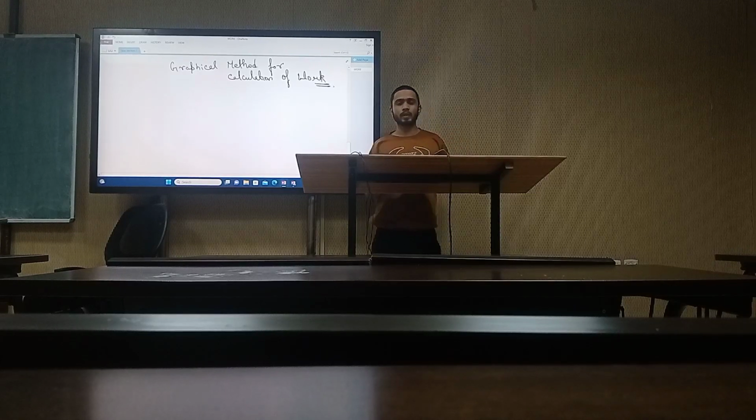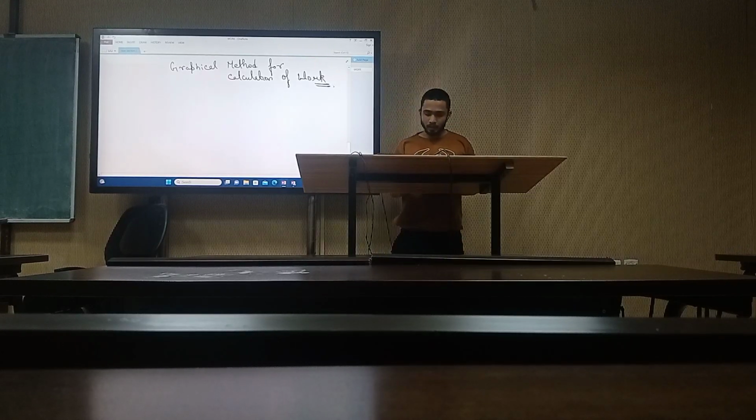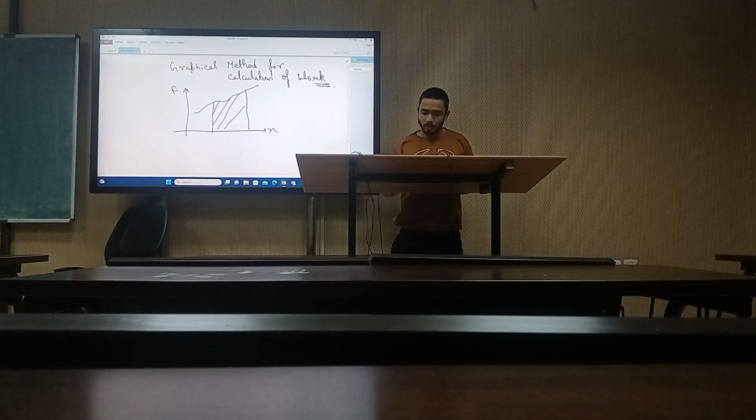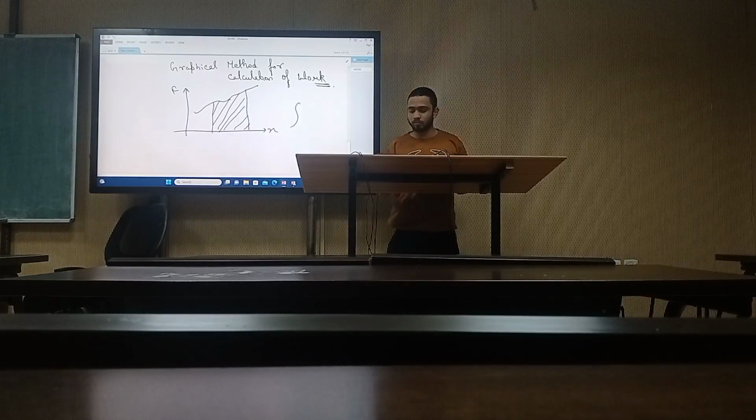Suppose there is a graph of force versus displacement. The area under this force and displacement graph will give us the work done, because work done is defined as the integral of force into displacement dx.